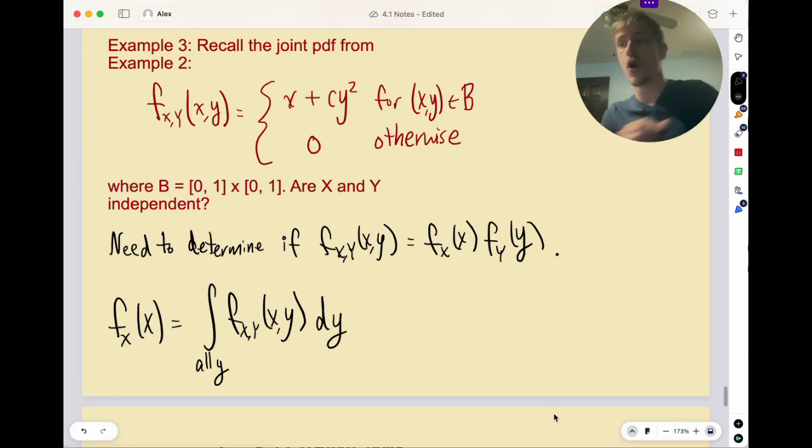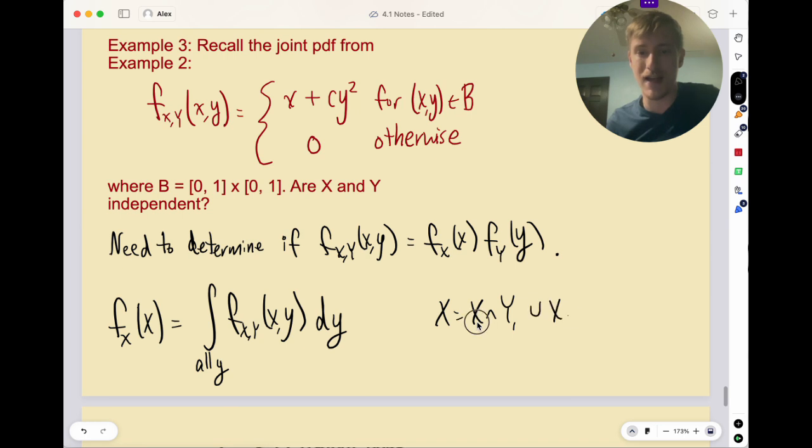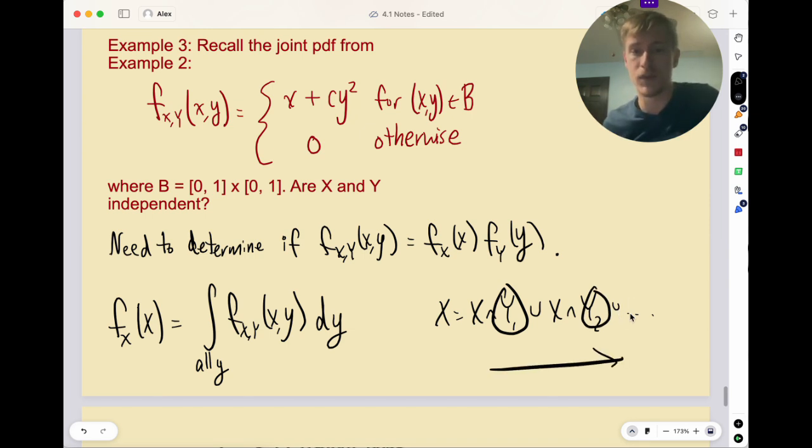If you integrate over all the possible y values, think of it as taking infinitely many separate mutually exclusive events of just y. Maybe writing x as x intersect y1, union x intersect y2, union, etc., where y1 and y2 are very thin slices of the real number line.